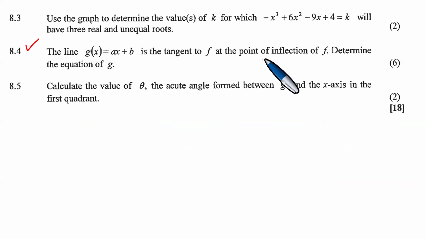Now, there's something we call the point of inflection of a function in 8.4. Given the original function, f of x equals, right, so we know very well the function that was given there. We need to just quote it and make sure that we're good.